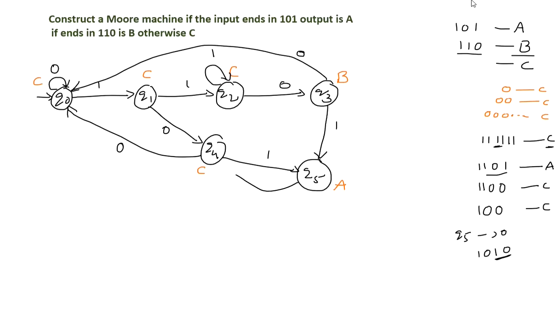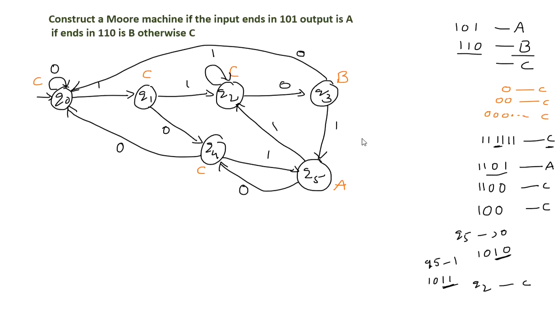So Q5 on 0 moves to the state Q4 and output is C. And Q5 on 1: Q5 means 101 is already seen. On that if 1 is seen, that means it is ending with 11, so it has to reach the state Q2 and output is C. Q5 on 1 moves to the state Q2 and output is C.